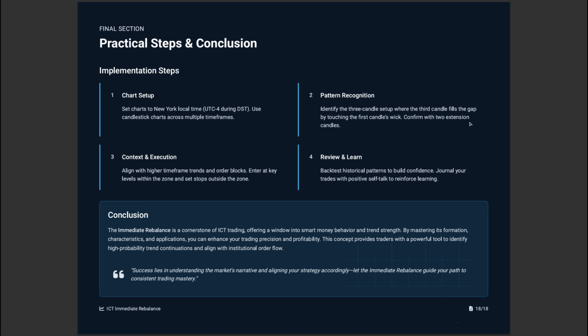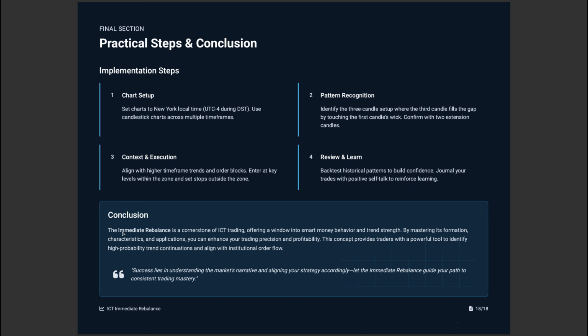Confirm with 2 extension candles. Again, this is optional. Number 3, context and execution. Align with higher time frame trends and order blocks. Enter at key levels within the zone and set stops outside the zone. And number 4, review and learn. Backtest historical patterns to build confidence, and journal your trades with some positive self-talk to reinforce learning.